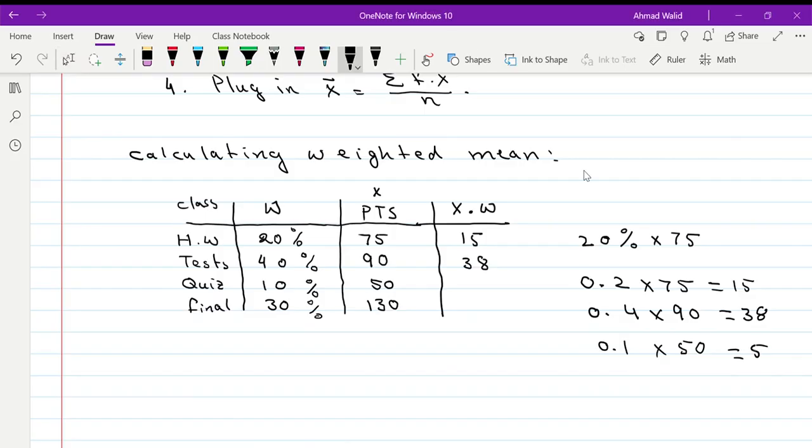Easy multiply, even some of them when you see you can multiply it. 30% means 0.3 times 130, which gives you, let's do it, 130 times 0.3. You end up with 39.